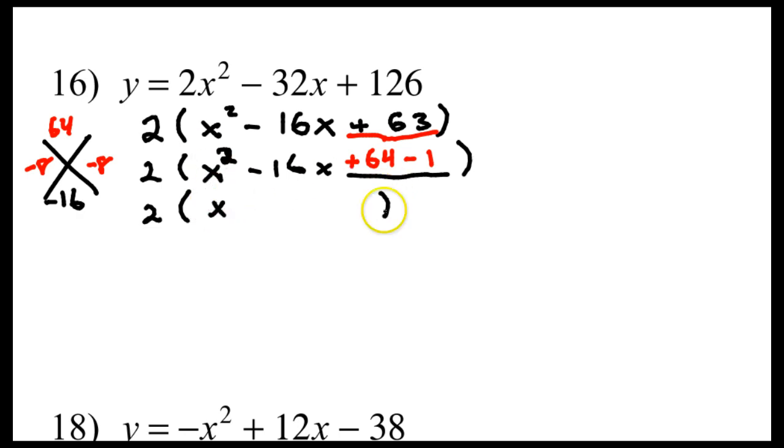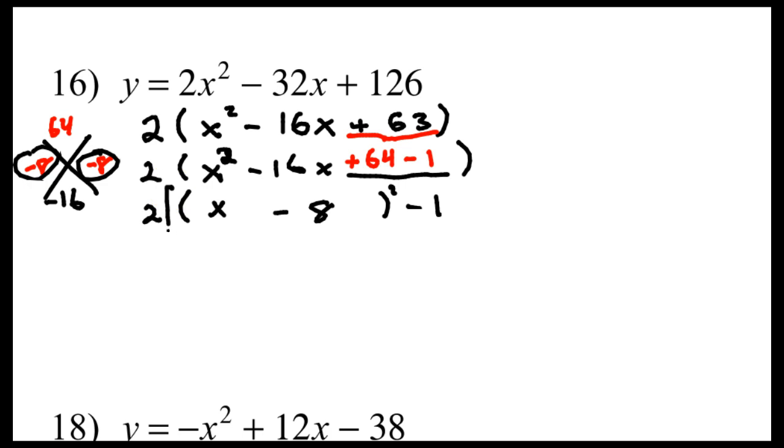So this is the first 3 terms factor. X minus 8, same number, minus 8. And just bring down the minus 1.